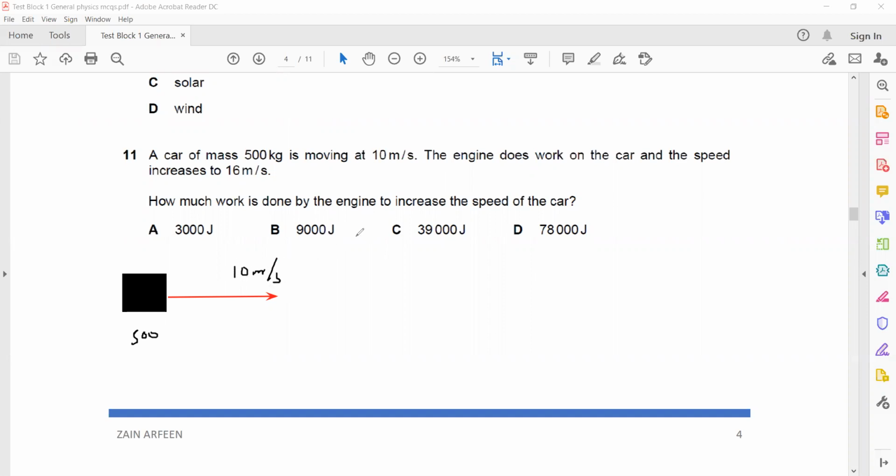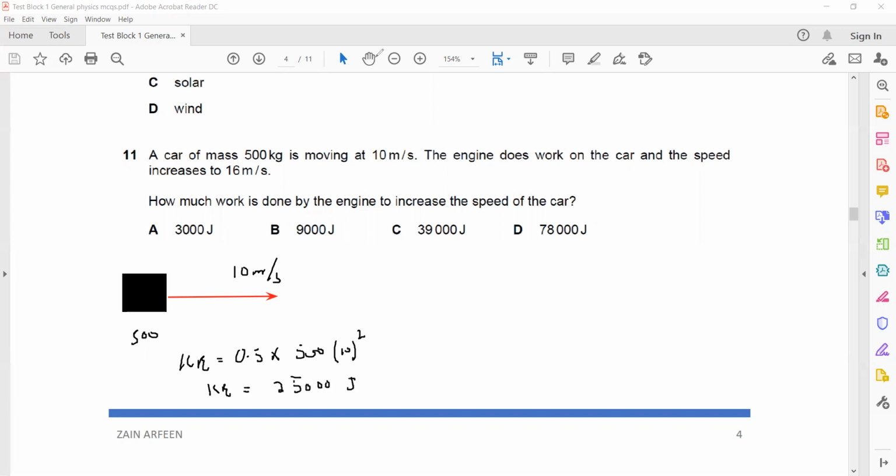We can find the kinetic energy, which is half mv square, equal to 0.5 multiplied by the mass 500, multiplied by the speed square, 10 square is 100. So the original kinetic energy is 25,000 joules.